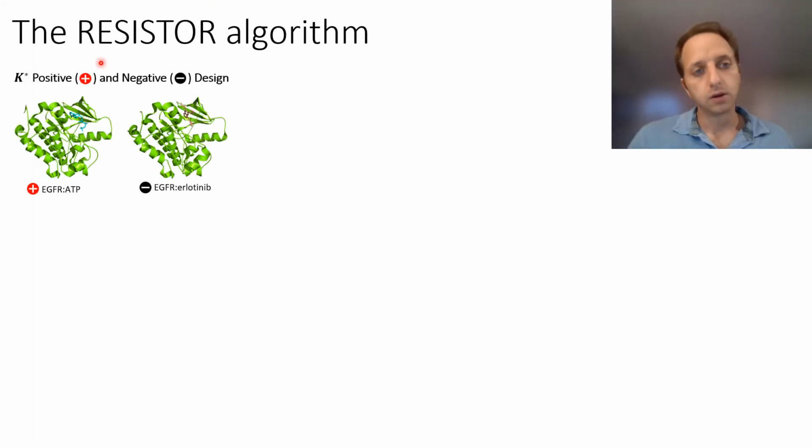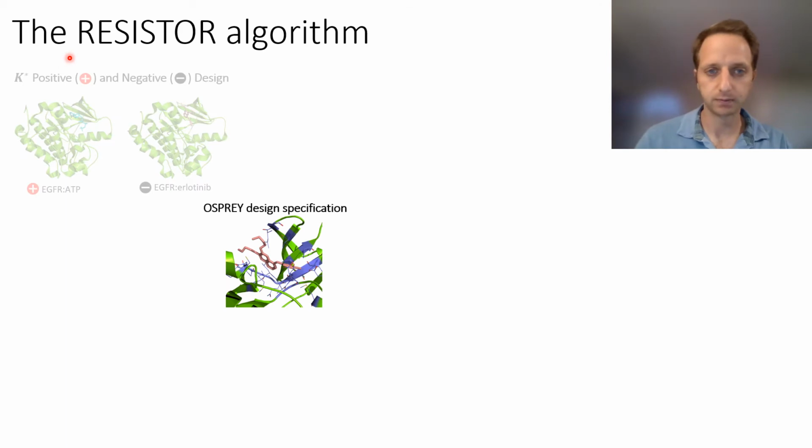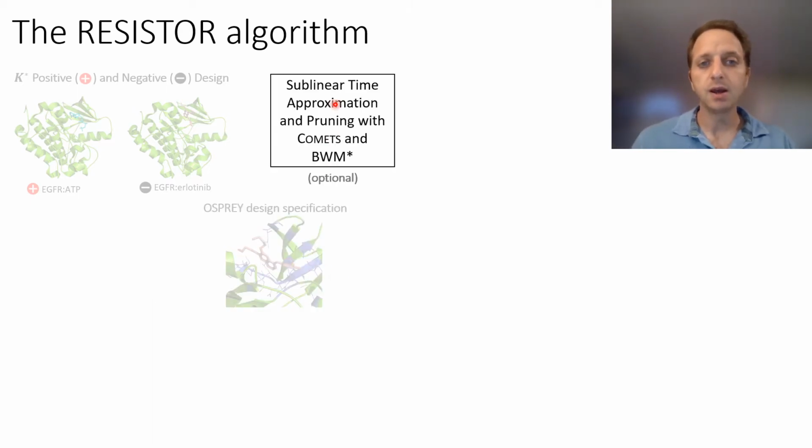From the start, we begin with a positive and negative design upon which we're going to run K-star. Before we can do that, we need to get our structures and specify what sequences we're interested in, as well as what type of flexibility we want to have. If we were doing a combinatorial sequence search, there's a couple of algorithms in OSPREY that are really helpful for sublinear approximation and pruning, in particular COMETS and BWM star.